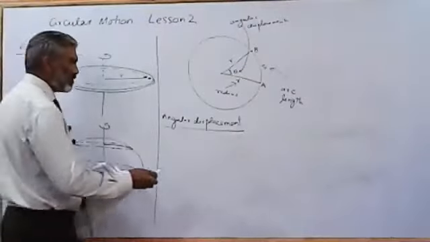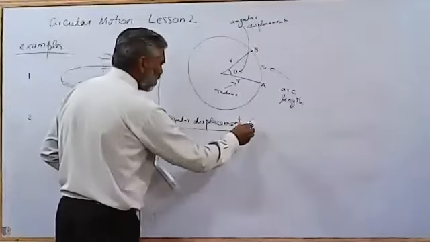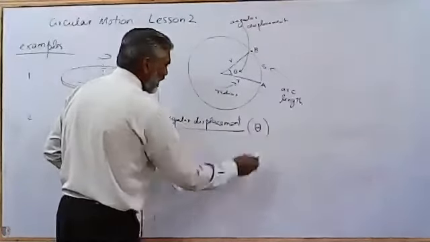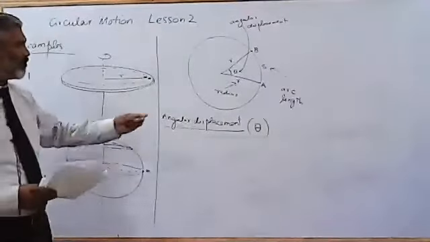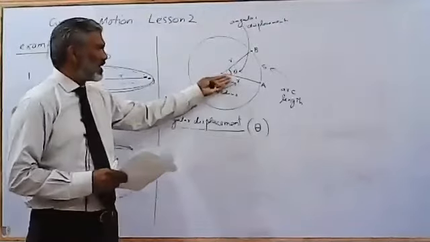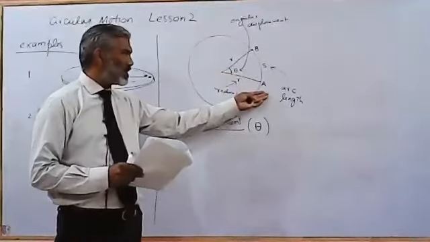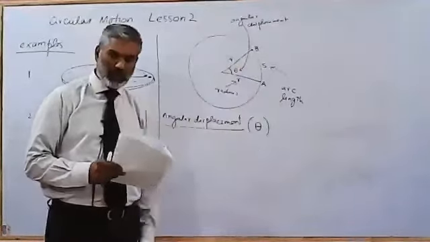So this quantity, which we call angular displacement, simply tells us what is the angle theta formed at the center or subtended at the center when an object moves from a certain position A to a certain position B.